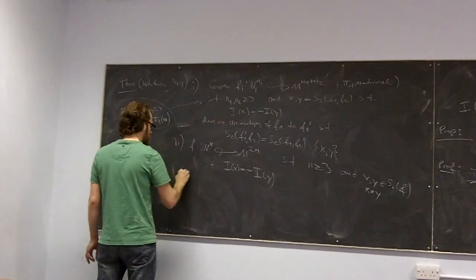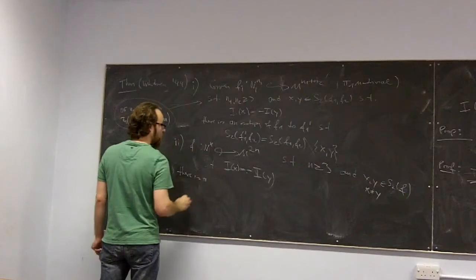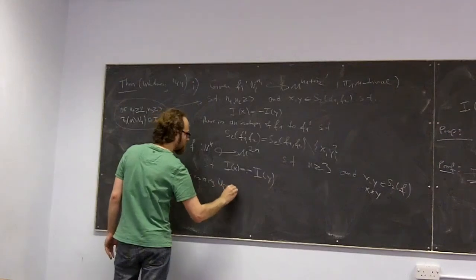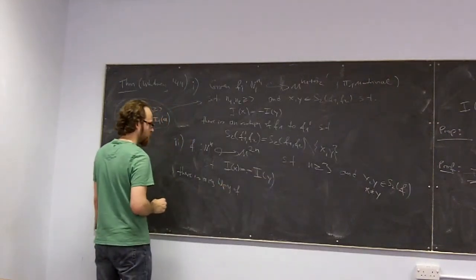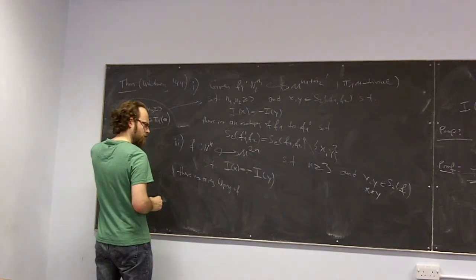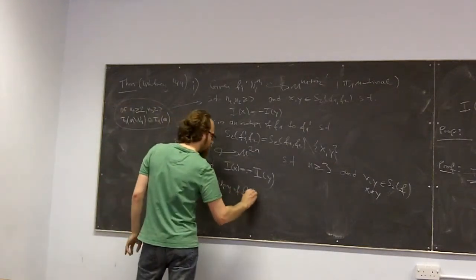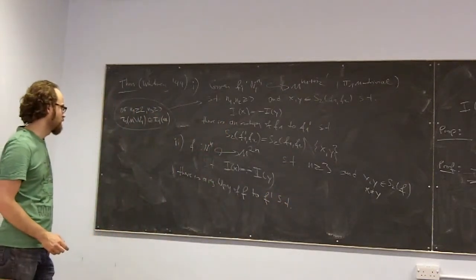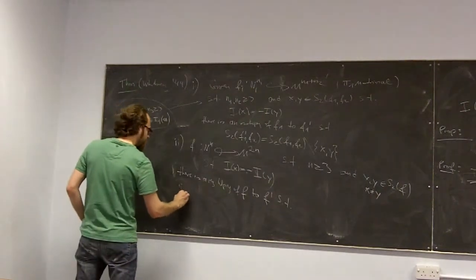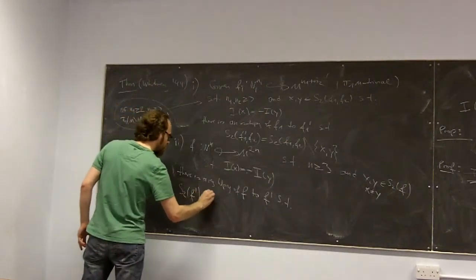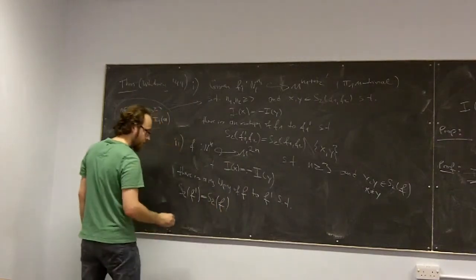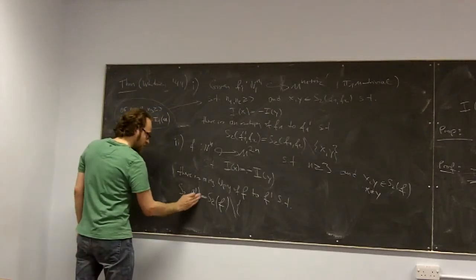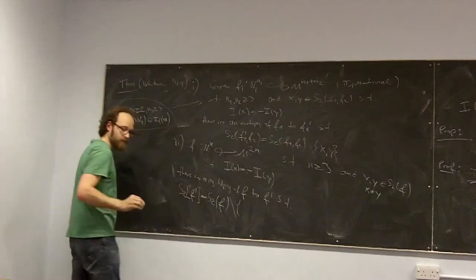Well, then there is a regular homotopy of F to F prime such that S2 of F prime is the set of double points of the original immersion with these two points removed, but now I'm looking at the unordered double point set.